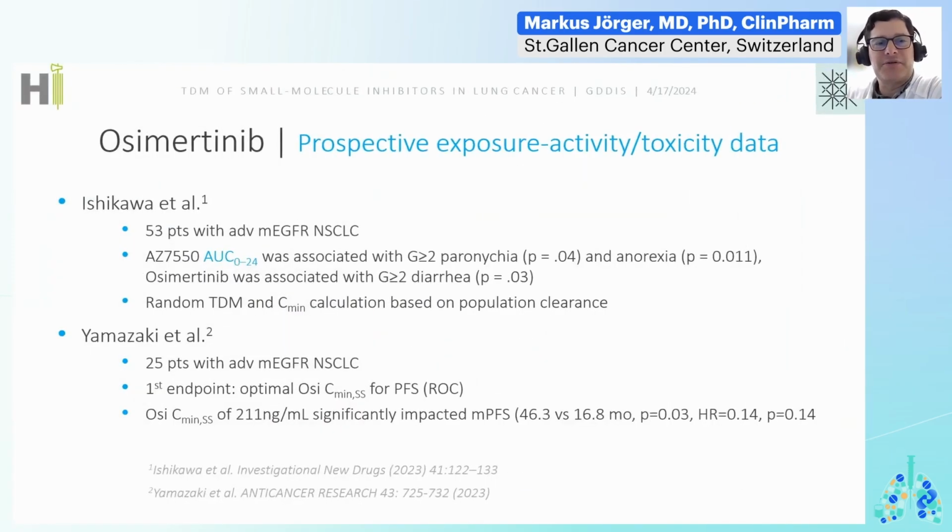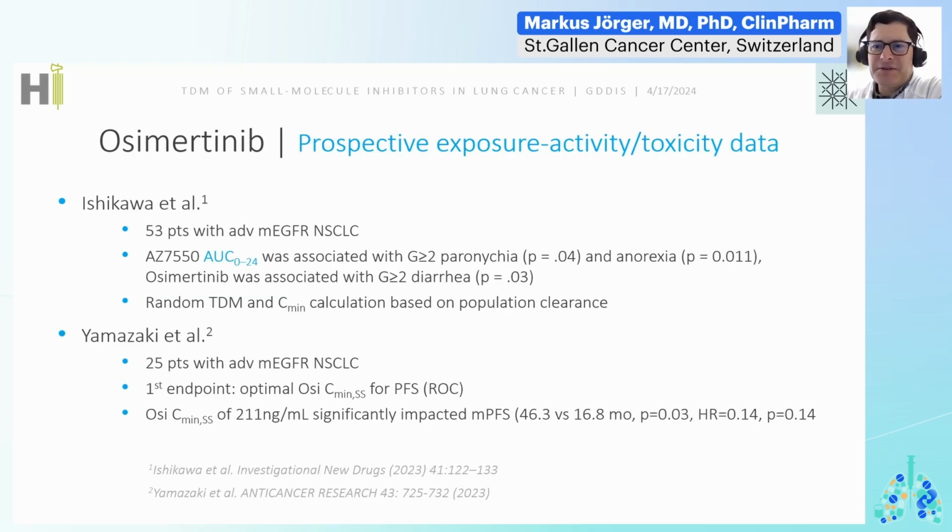So what do we have for data for osimertinib? There is Japanese data, Japanese colleagues that established somewhat a PK target range. Here the advantage of the kinase inhibitors is that you can pretty easily use the trough levels.